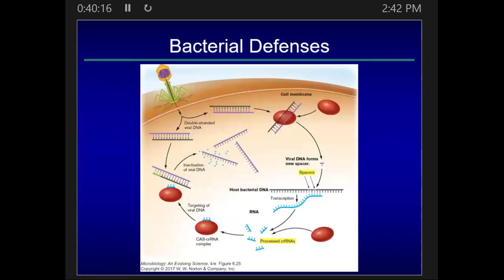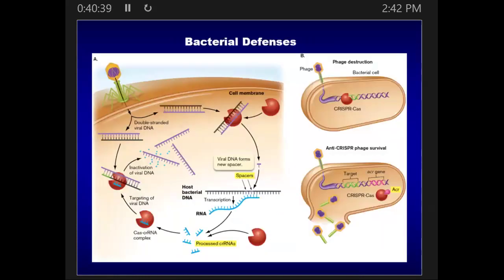So this is the idea of CRISPR. I'm not going to get into it, but I've had students ask about it in the past. Basically, it's a way for the bacteria to pick up this foreign DNA that's coming into them, recognize it, and then deal with it and chop it up. And now we've taken that and modified it and used it in molecular biology applications.